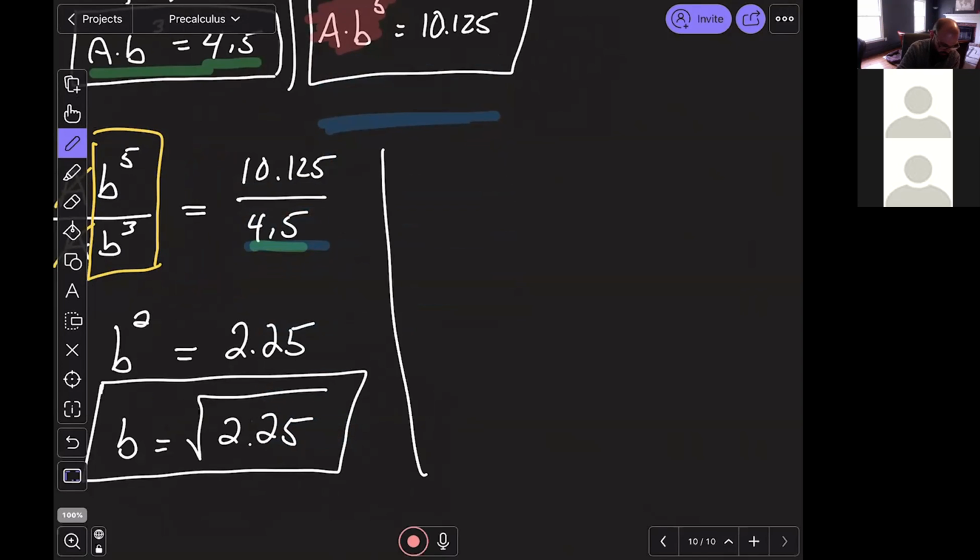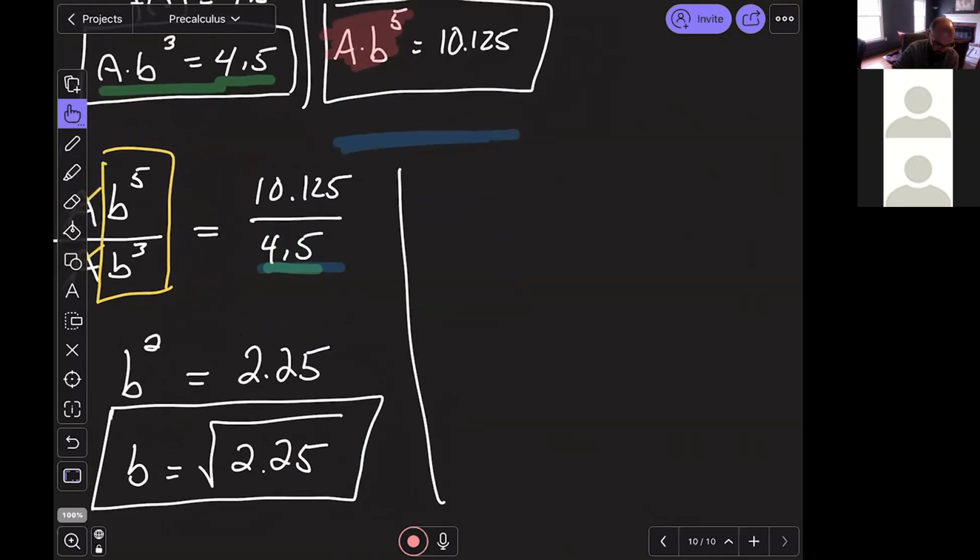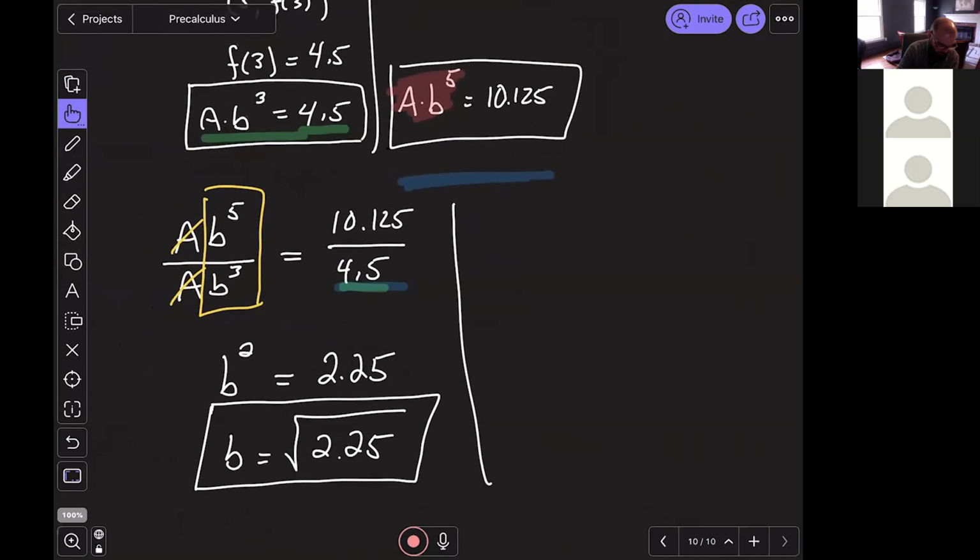Now if we come back up to the top, I'm going to take B as the square root of 2.25 and plug it into either of these equations. It doesn't matter which one. I'll plug it into the first one, so we get A times B cubed is 4.5.